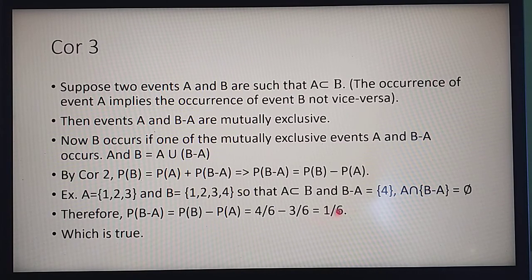So this is equal to 1 by 6. So P(B minus A) is equal to 1 by 6. What is P(B minus A)? B minus A is only {4}. Therefore the probability P(B minus A) is 1 by 6. This is verified.